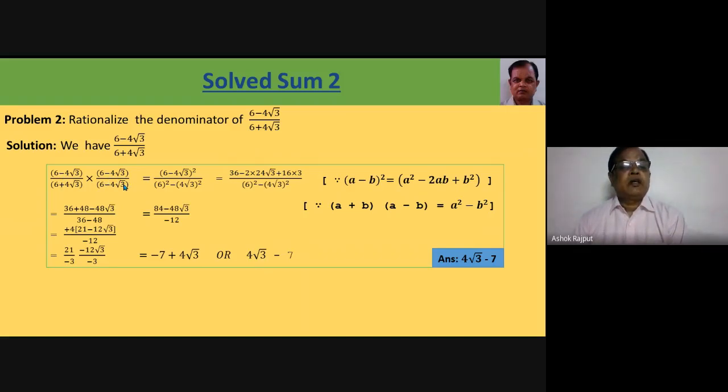So we will use the identity a plus b, a minus b equal to a square minus b square in the denominator, and in the numerator, because it is a minus b form, we will use the identity a minus b whole square equal to a square minus 2ab plus b square.